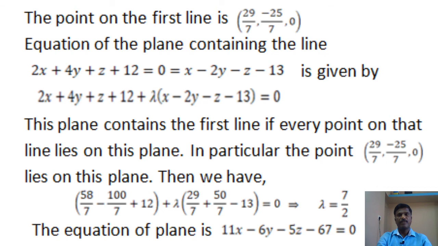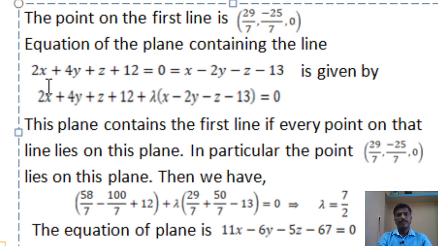Therefore, the equation of the plane containing the line 2x + 4y + z + 12 = 0 = x - 2y - z - 13 is given by the first equation plus lambda into the second equation. Again here we have to determine the value of lambda. This plane contains the first line.